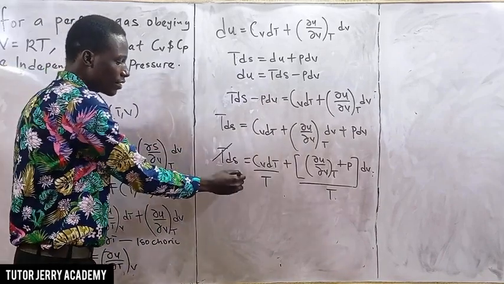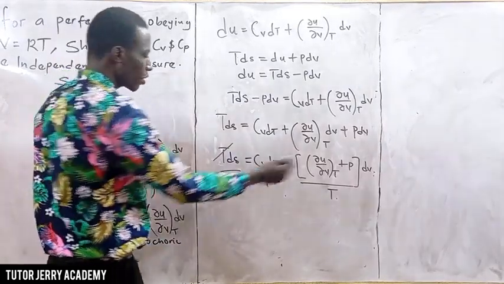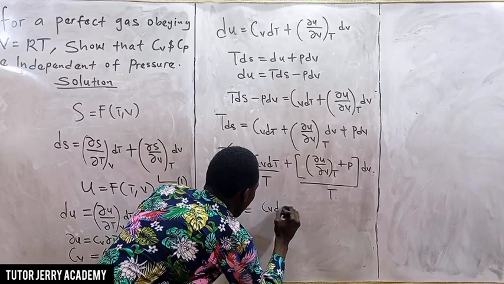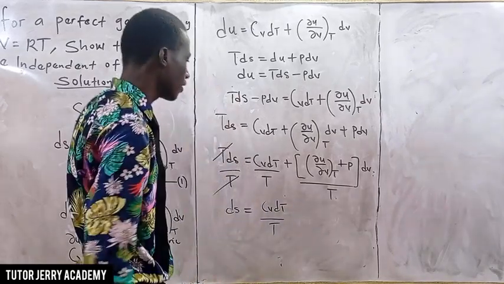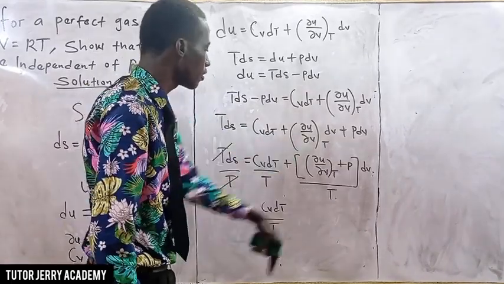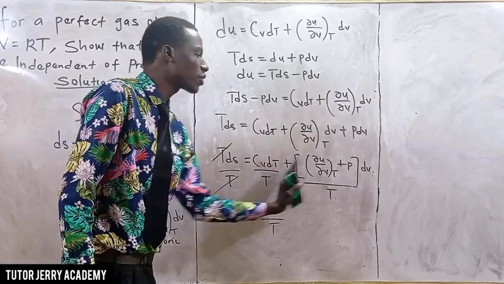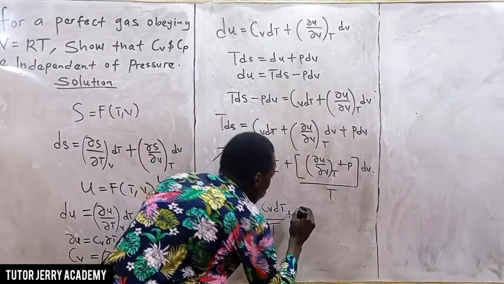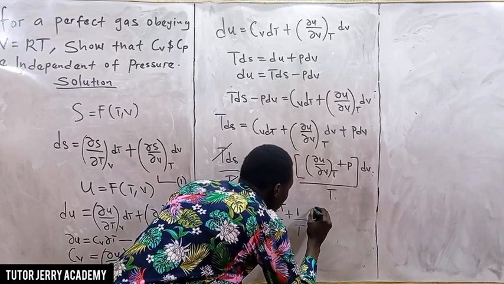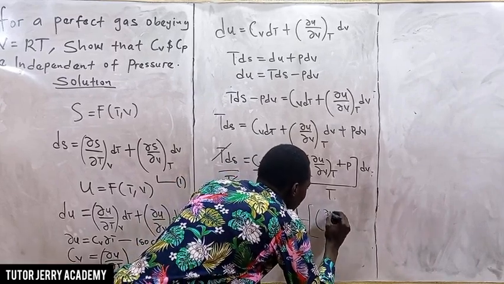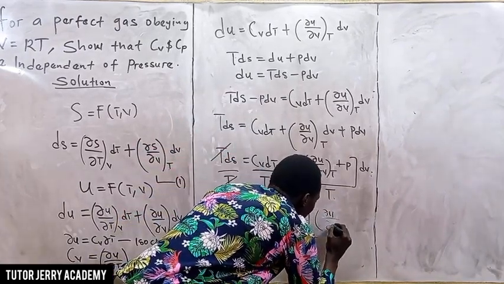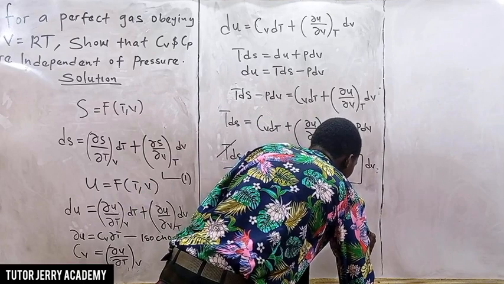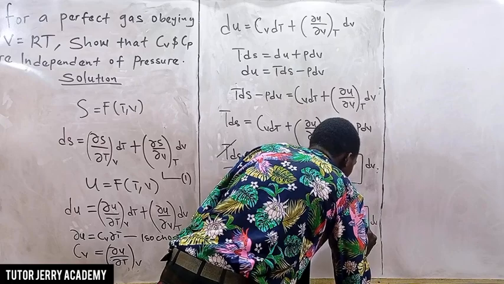Now from here we know that T can cancel T, and we will be left with dS. This equation will now become dS equal to Cv dT over T plus 1 over T multiplying the bracket of the partial derivative of U over the partial derivative of V, keeping T constant, plus P, all multiplied by dV.